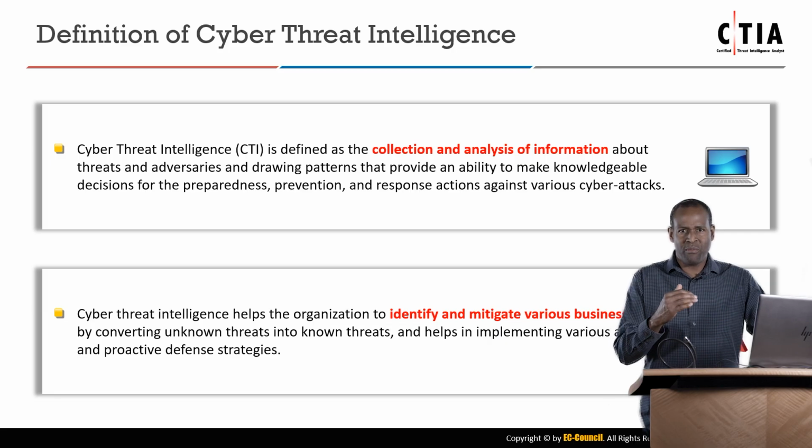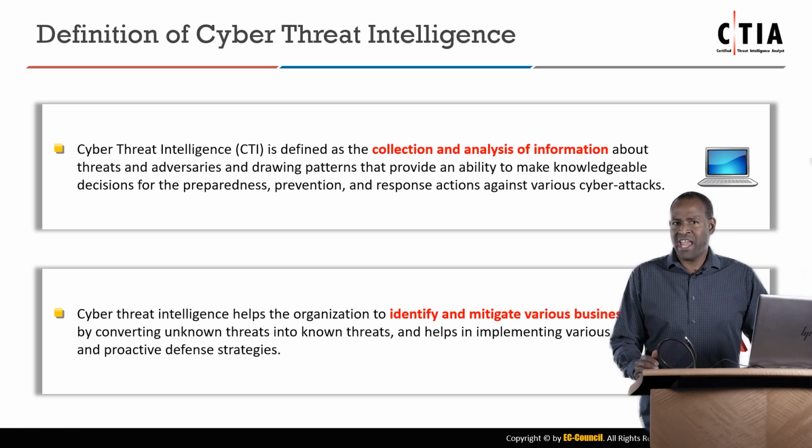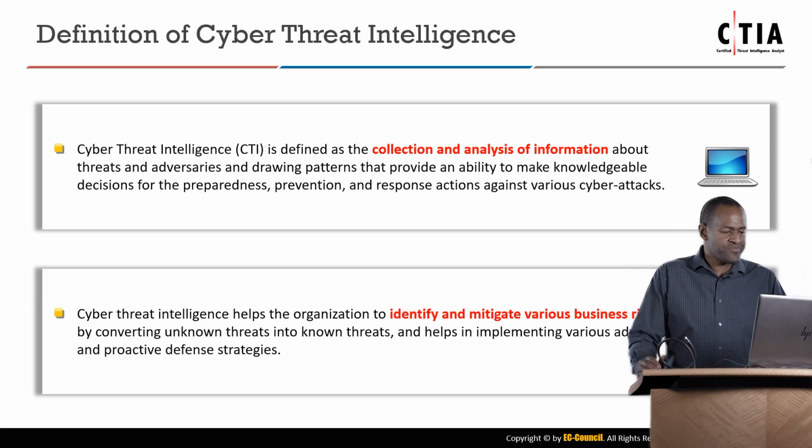So we're going to be gathering information, we're going to collect it, we're going to analyze it, and we're going to put it into a presentation where either our organization or management can take advantage of that information.